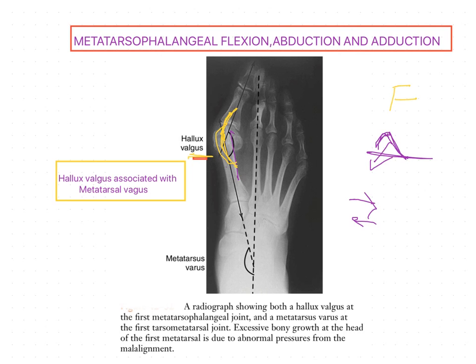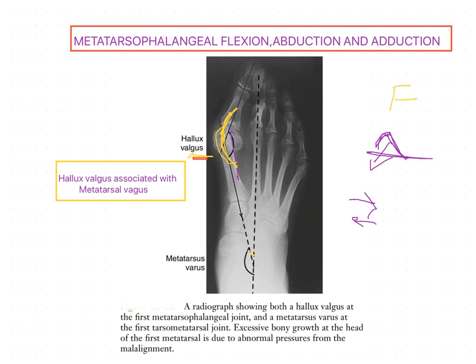Hallux valgus is normally associated with a varus angulation of the first metatarsal at the tarsometatarsal joint.